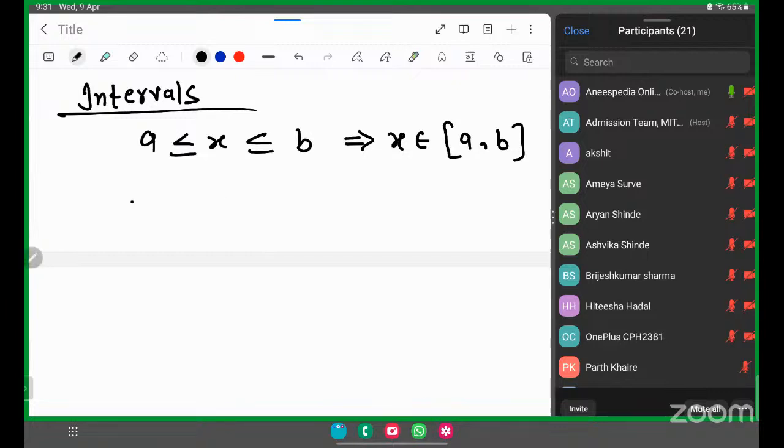On the number line, this will be represented as, this is point a, this is point b. Point a and point b are included, so we will put dark dots. And all the elements between a and b, so this will be the resultant.